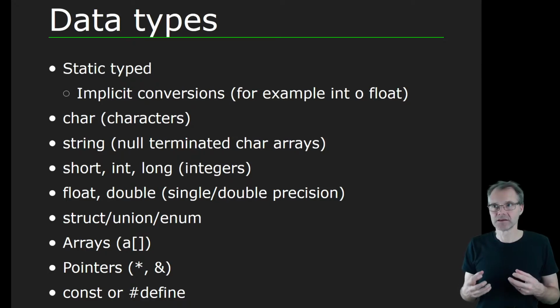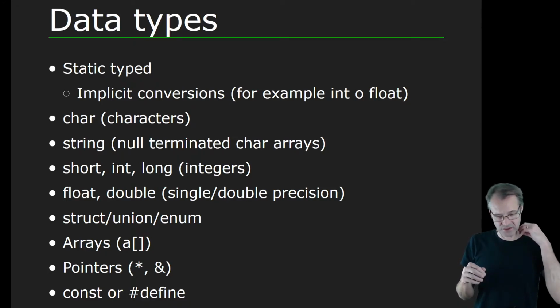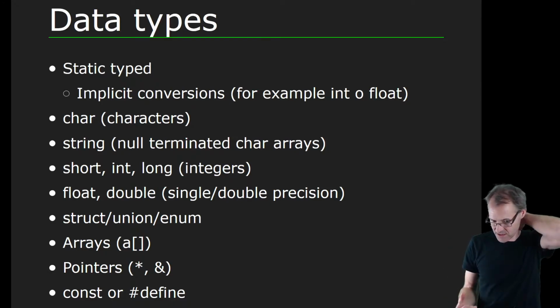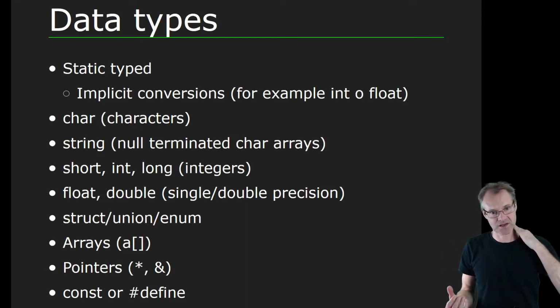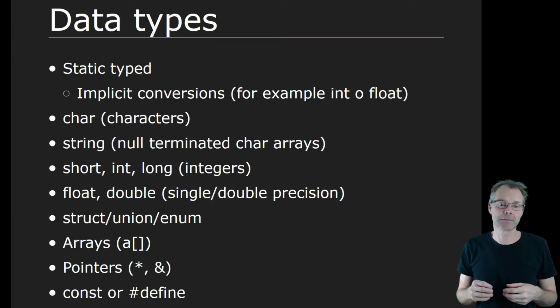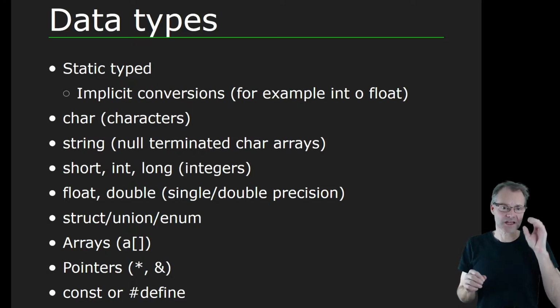When we do calculations or use return values from functions, there might be some implicit conversions between different types, and we can also do explicit conversions, but let's leave that for another session.